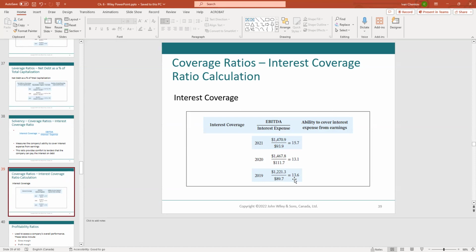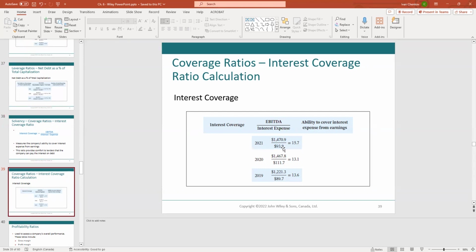However, we can see that with our earnings, we can pay 13.6 times our interest expense. That's in 2019. In 2020, even though we increase our debt, now with our earnings, we can pay 15.7 times our interest expense.